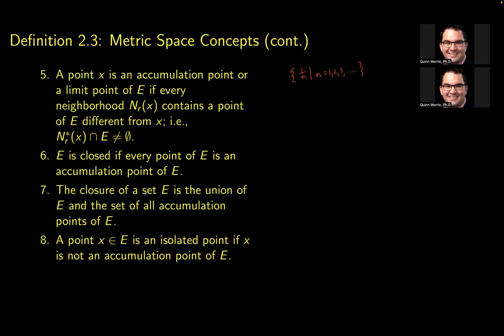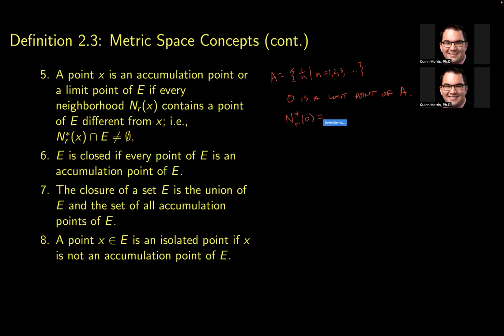Okay. So in this case, I'm going to show that zero is a limit point of, let's call this set A. So what do I want to show? I want to show that if I look at any neighborhood, so what is N_r star of zero?